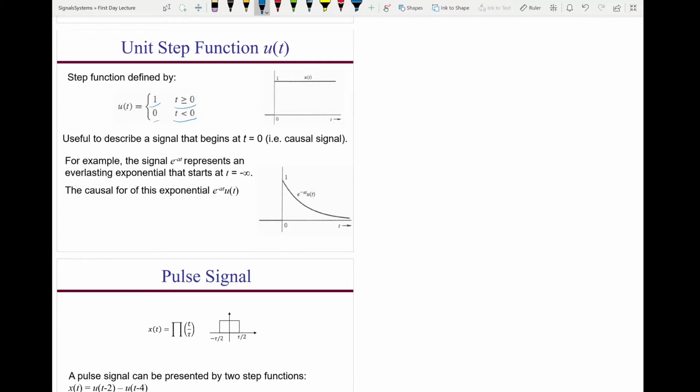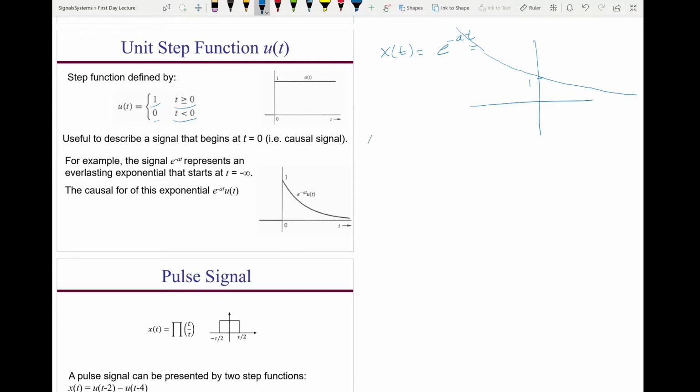For example, if I have this exponential signal, if I say x of t equals e to the minus a t, and I ask you to plot it, it will look something like this, because here I didn't specify where the signal starts. So you will assume from minus infinity, which is going to be way up toward infinity, something like this. And here it's 1. At t equals 0, it's 1.